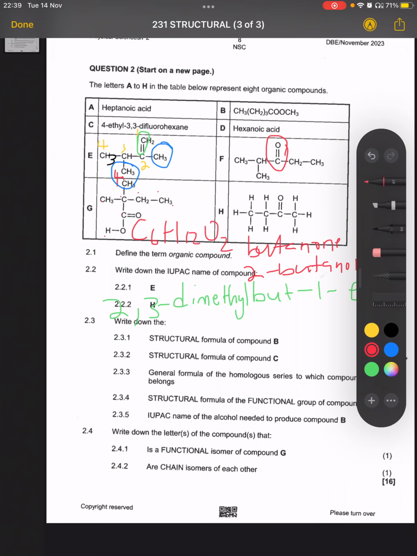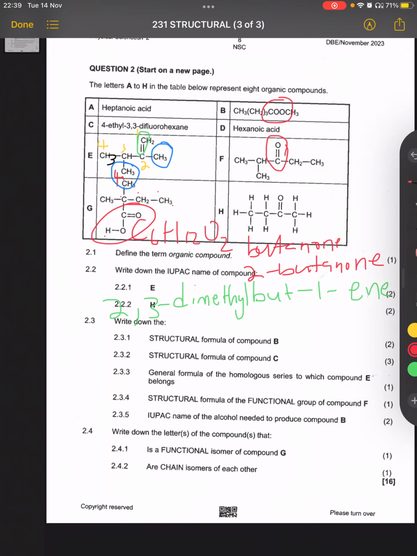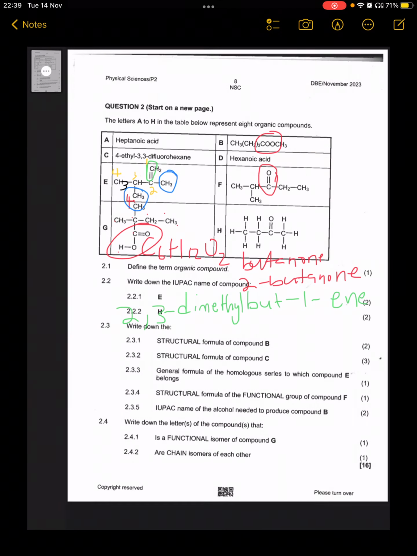So yes, they have different functional groups here. So therefore they are functional isomers, and therefore the answer for 2.4.1, functional isomer of G, would be what? Letter B.